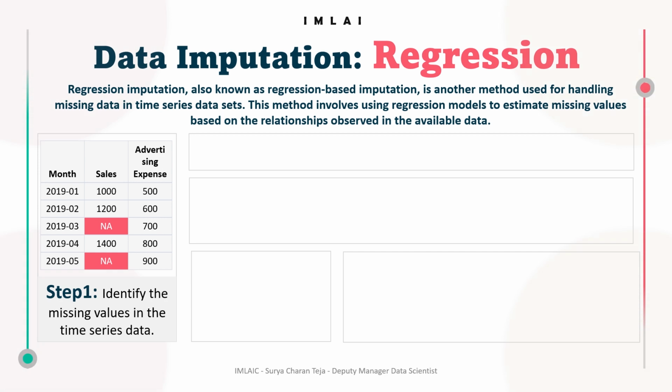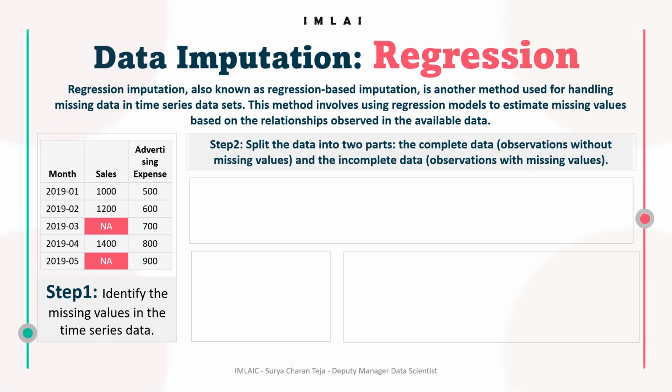Next, step two, split the data into two parts. One is the complete data, which is nothing but observations without missing values, and the second one is incomplete data, which is observations with missing values.